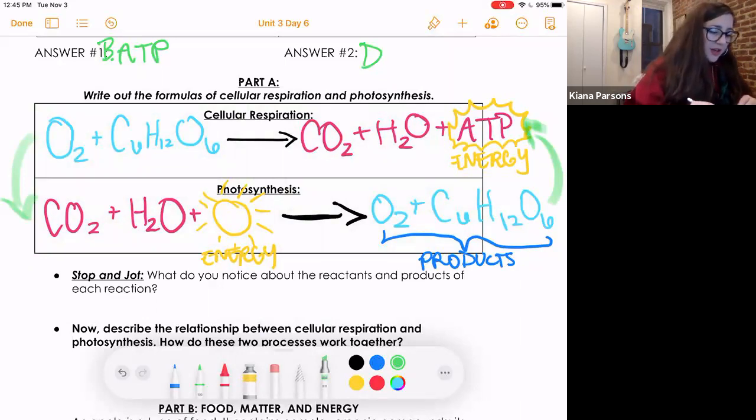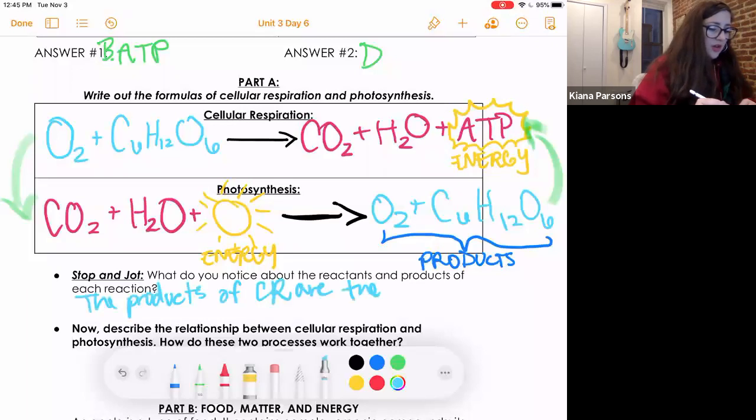So, what do we notice about the products and reactants of each reaction? The products of cell respiration are reactants of photosynthesis and vice versa.